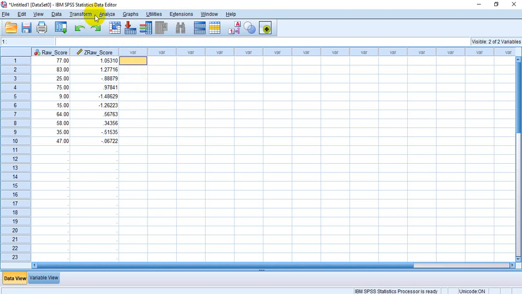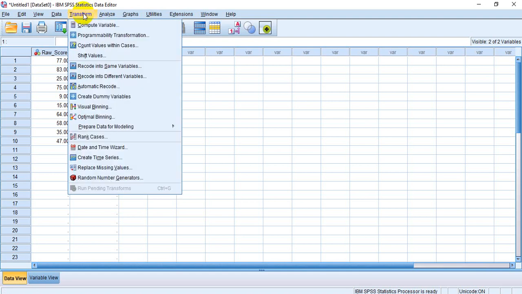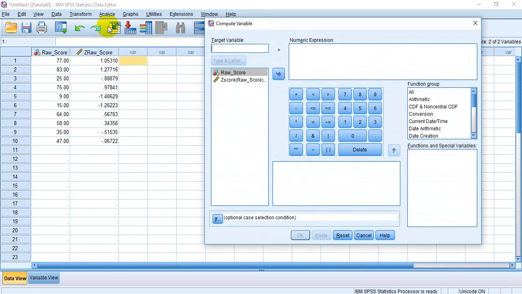studying the T score. You can put the name of the variable.